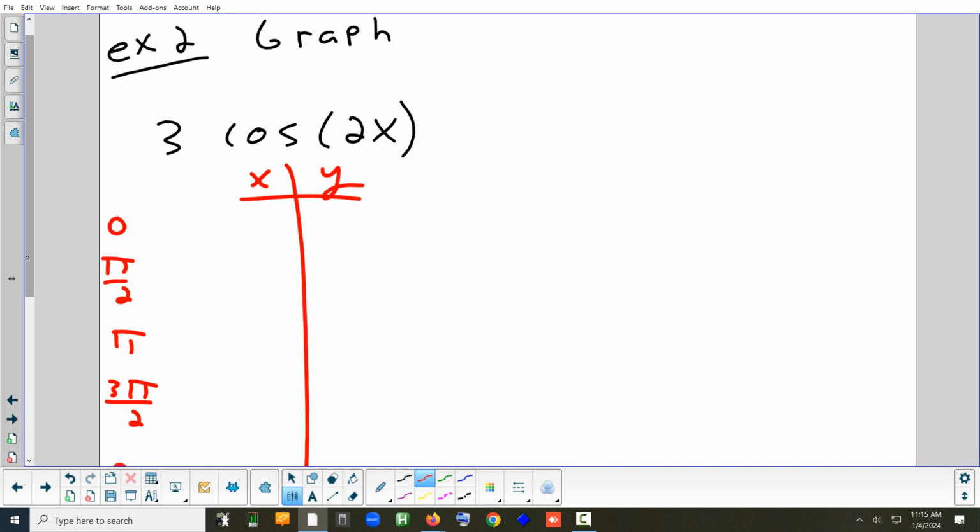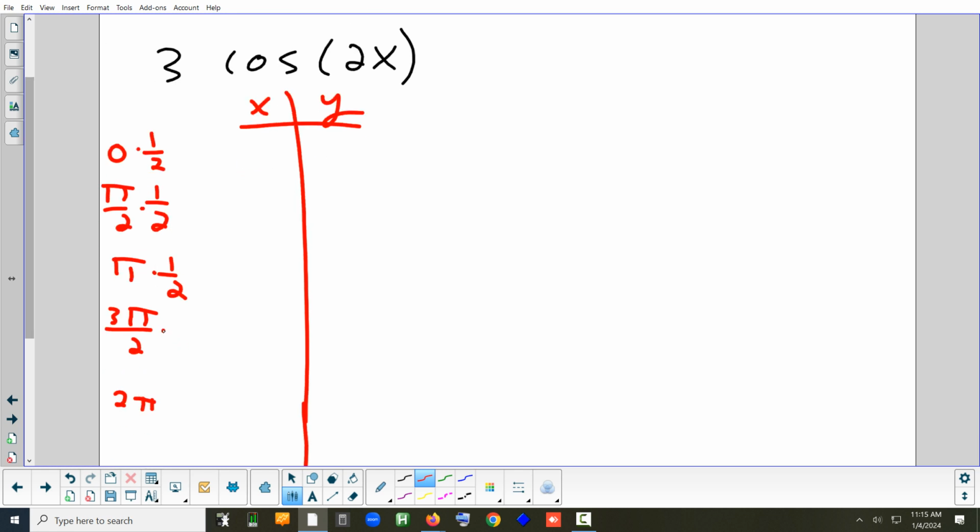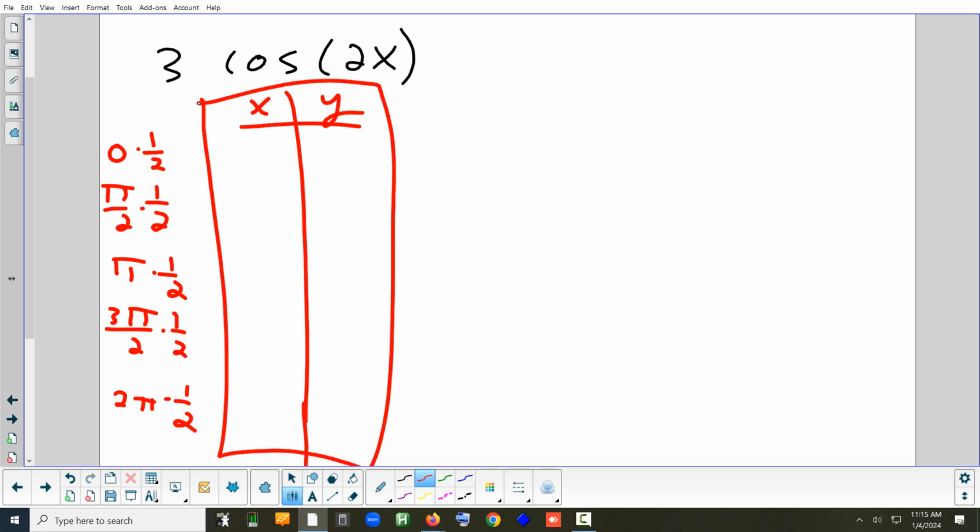And we're supposed to take all of these x values and divide them by what? 2. Divide them by 2, which is the same as multiplying by 1/2. I just think multiplying is easier. So let's just multiply by 1/2. Okay. First one, 0 times 1/2 gives me 0. What's pi over 2 times 1/2? Yeah, multiply straight across. Pi over 4.